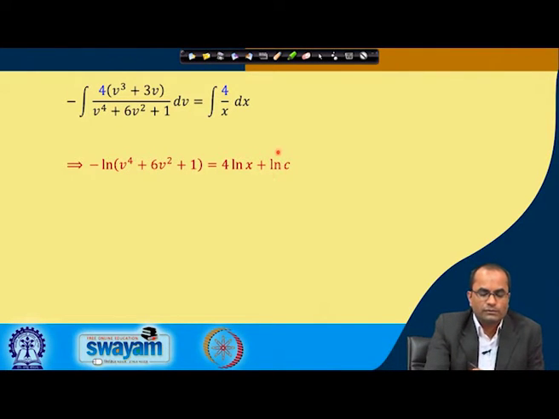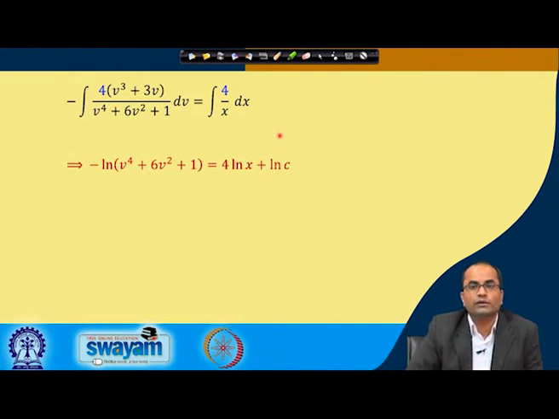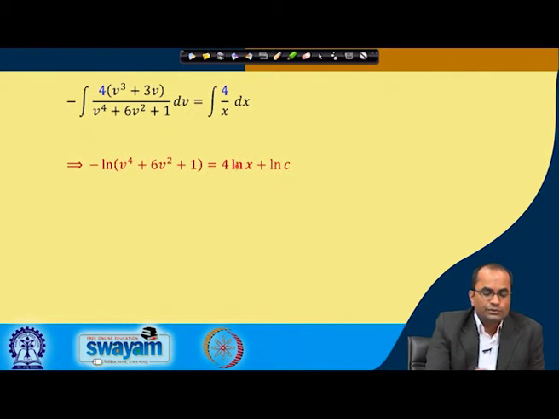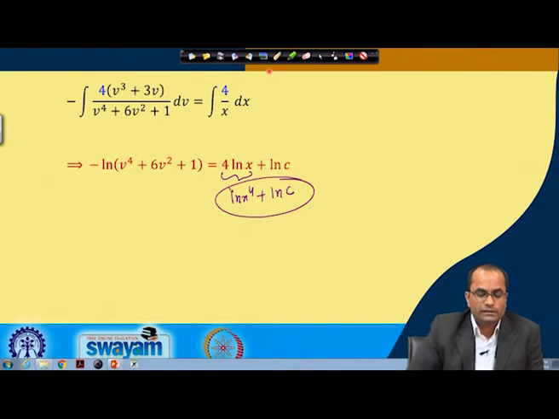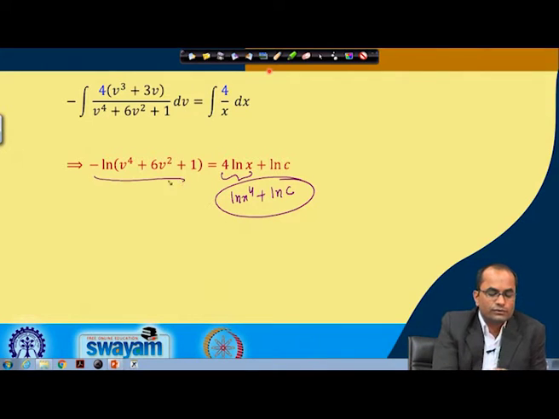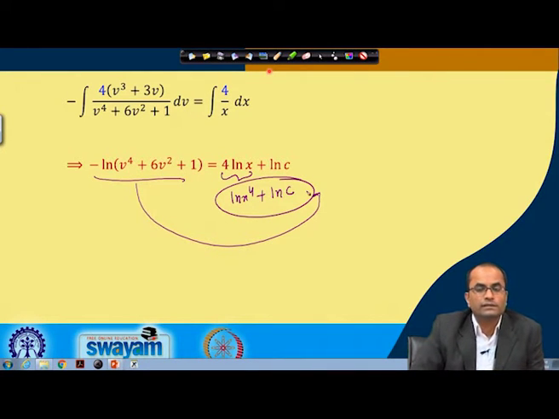So, any arbitrary constant here, logarithm of c, and now we can combine these two. We can write this as ln x to the 4, and then here we have ln c. So, this is basically c x to the 4, and this also we can take to the right hand side. So, we have log x to the 4 plus log c plus log of v to the 4 plus 6v squared plus 1.